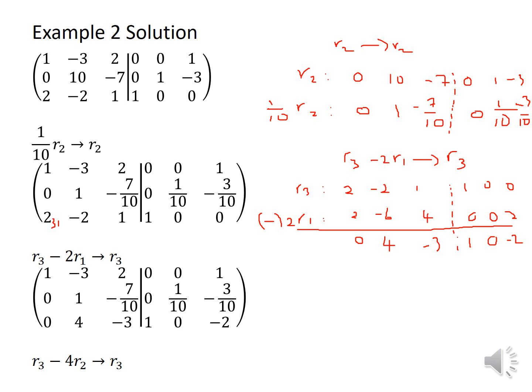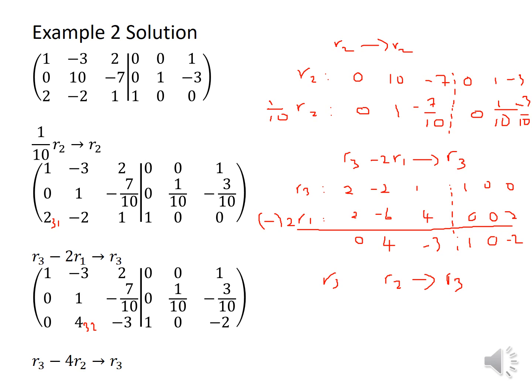And then the next element will be 4. We should transform this 4 to 0. And the coordinate here is 3, 2. Then immediately write R3, R2. Replace into R3.